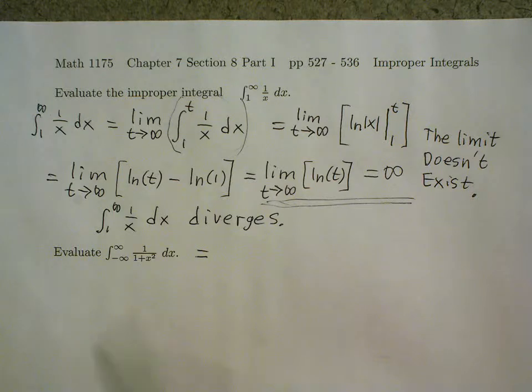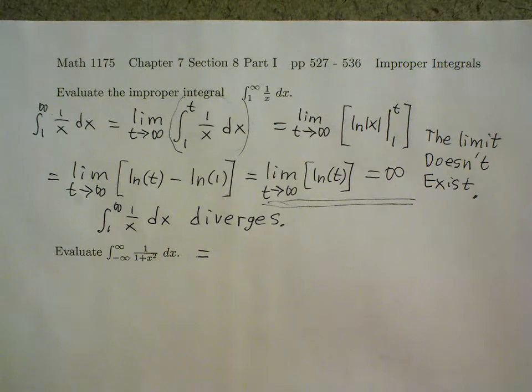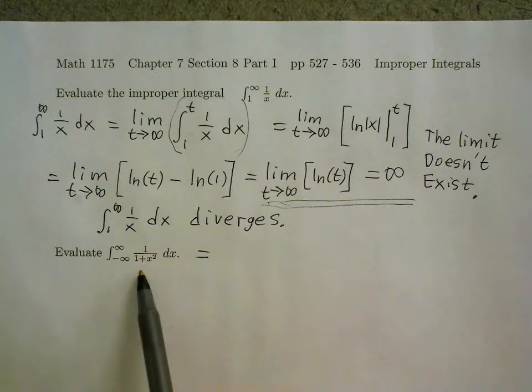Okay, I'll point out another thing. The function 1 over 1 plus x squared is an even function. So if f of x is an even function, then it turns out that f of negative x equals f of x. You can see that if f of x is 1 over 1 plus x squared, then f of negative x, after simplifying, is also 1 over 1 plus x squared.